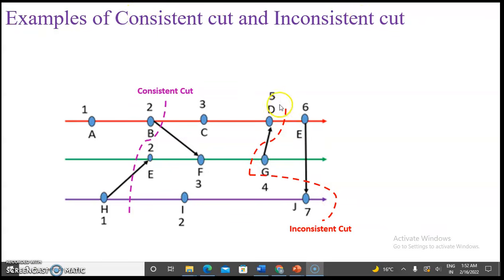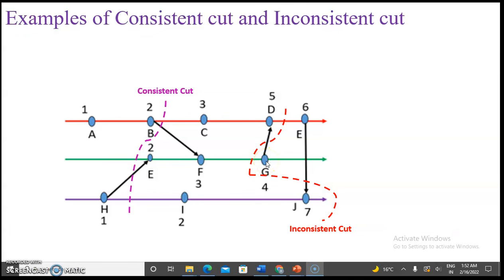Now let us consider this cut, which is an inconsistent cut. Now why is it called an inconsistent cut? Because see, to the left are inside the cut. So to the left is what? A receiving event. So it is a receiving event, but then its sending event is outside the cut, because the events which are to the right are outside the cut.